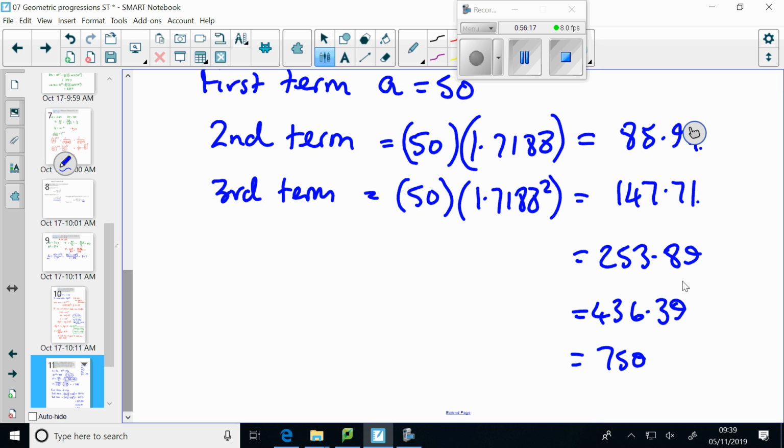So those speeds to the nearest RPM would be: first one is 50, that one will be 86, that would be 148, that would be 254, and that would be 436 and 750.